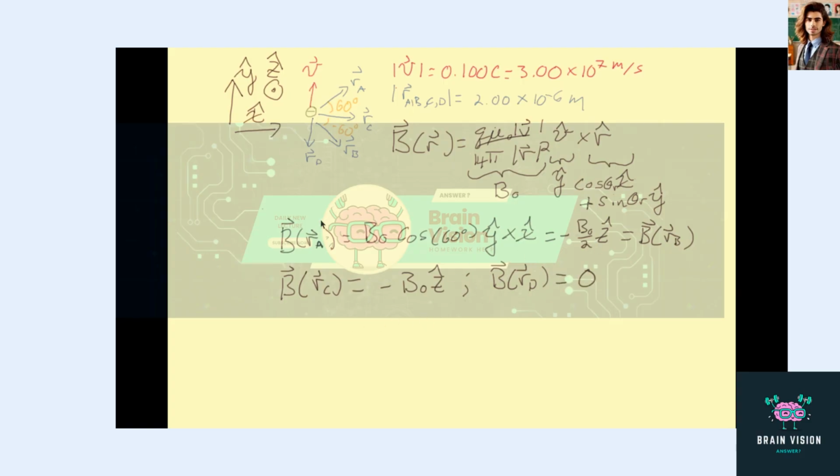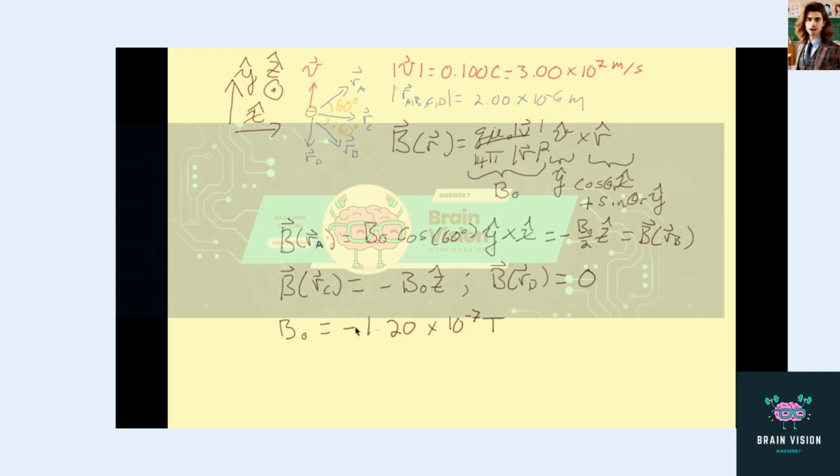So now we have to plug in all of the given values for the distance, the velocity, the permeability constant, as well as the charge of the electron, and with this we get that the constant B naught is equal to negative 1.20 times 10 to the minus 7 Tesla.